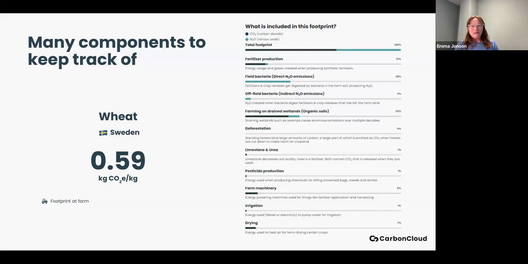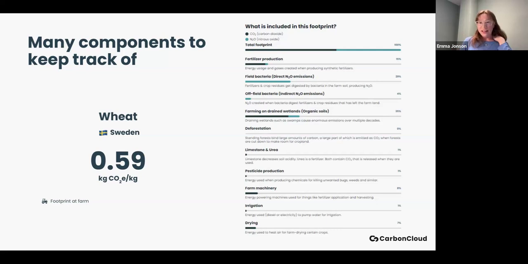Well, this figure represents the production of wheat in Sweden, and it comes from our platform, the Climate Hub. And here we show the breakdown of the different components that contribute to the total footprint of this farm gate product. So a complicated part is, of course, that there are many components to keep track of and to combine.